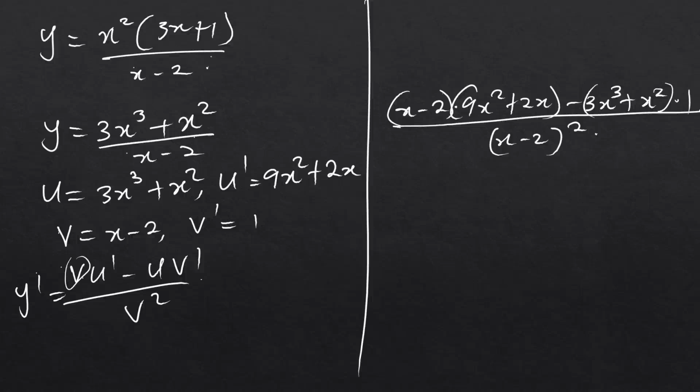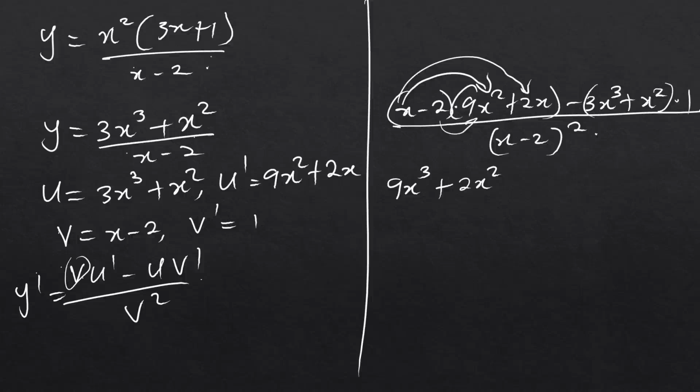So what do we do? What we need to do is to break down the whole thing. So how do we break it down? It's very simple, right? In my expansion, I'm going to use this x to multiply here, and use this to multiply this. So I'm going to have 9x cubed plus 2x squared.